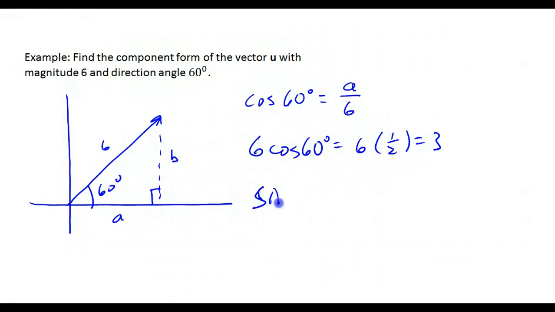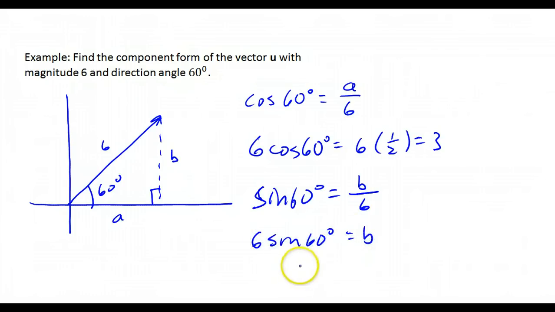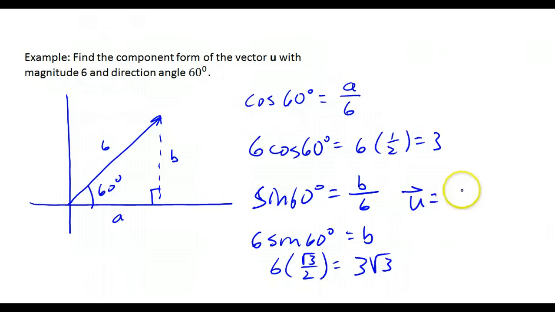And the sine of 60 is the opposite over the hypotenuse. So that's b over 6. So that's 6 sine 60 equals b. And that means that b is 6 times the square root of 3 over 2, which is 3 root 3. So that means that vector u is equal to 3i plus 3 root 3j.